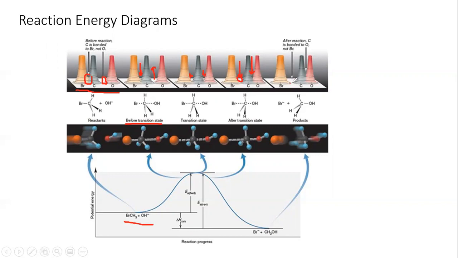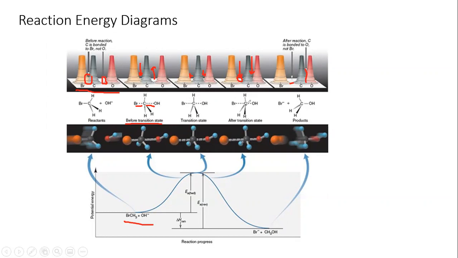There's no electron density here, and you have your CO single bond between carbon and oxygen. So if you notice on the dashes, before the transition state, bromine is only a little bit away from carbon, and OH is very far from carbon. When we get to the transition state, they're about equal lengths away from the carbon.